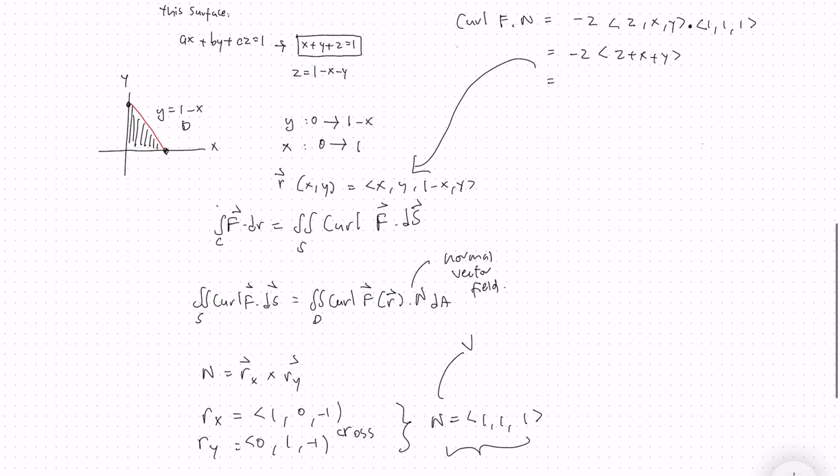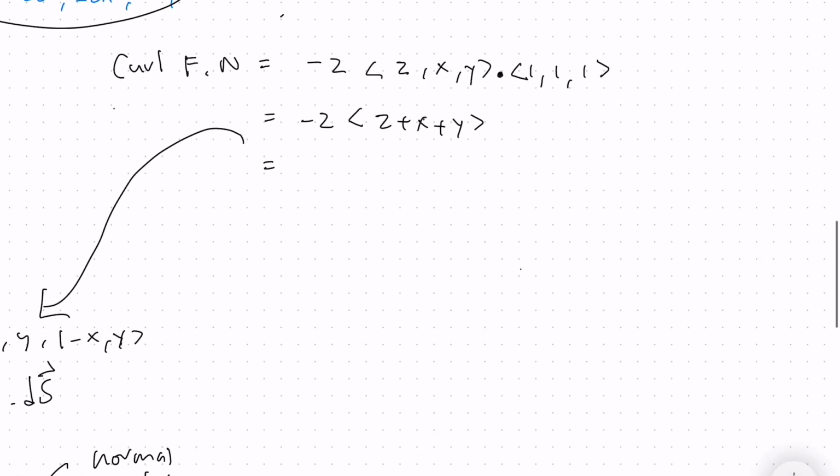But remember that z comes from our parameterization, so we have to go back up here. x and y remain the same, but z gets replaced by this formula, z is 1 minus x minus y. Look at what happened to the term we have to integrate. This becomes minus 2 times 1 minus x minus y plus x plus y. We can cancel the x and y, and what we get is just minus 2. So we will integrate this minus 2.